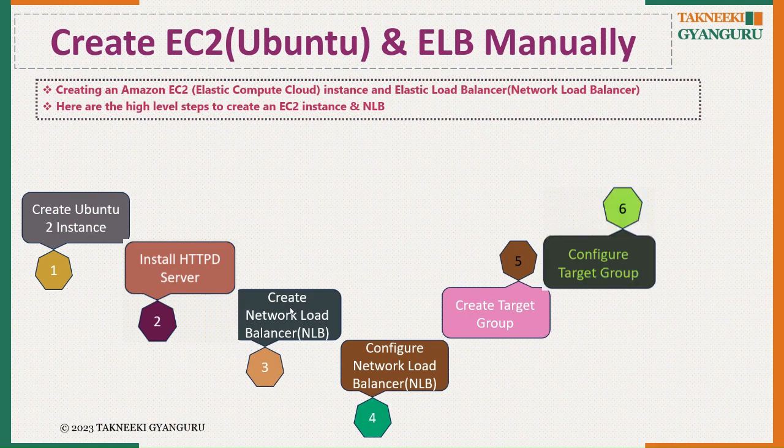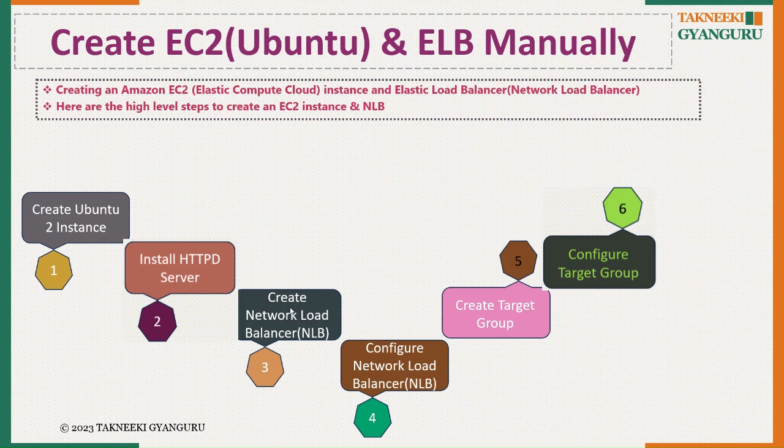So we have to configure the target group, and for that we have to provide all these EC2 instances and which port they will be accessed on. We'll also set up the health check, so that if some of the EC2 instances don't work, it will give you the error, and how many times it will check for health.